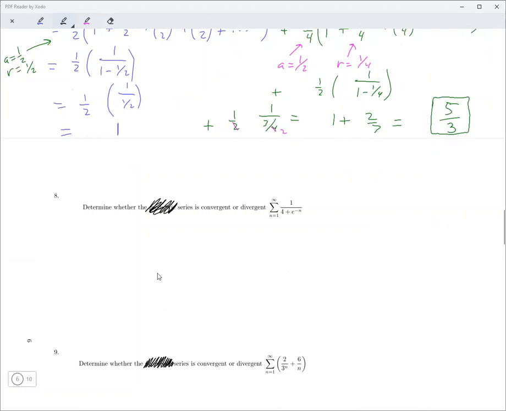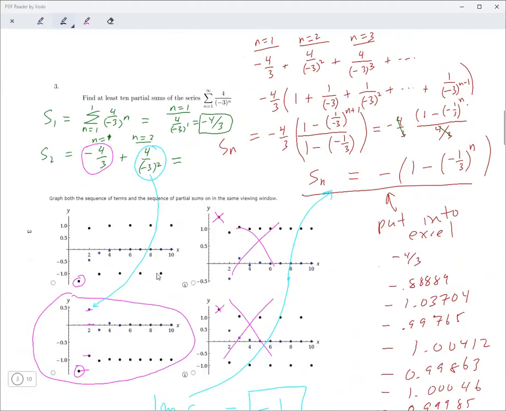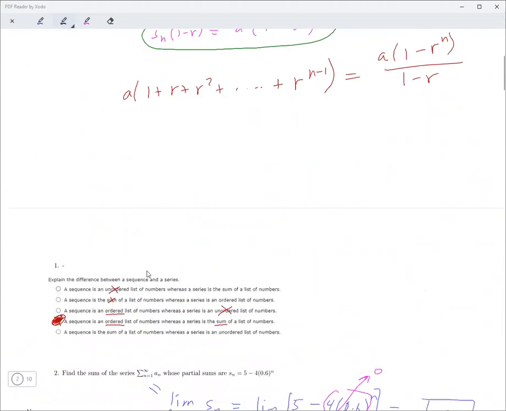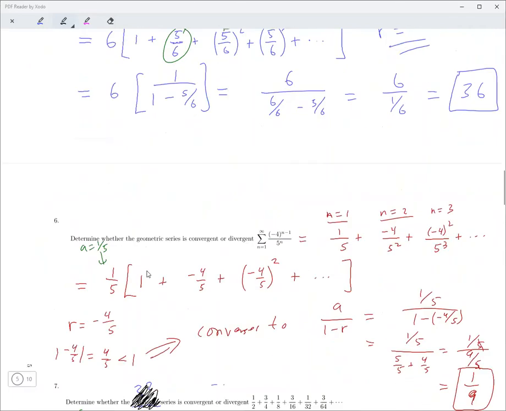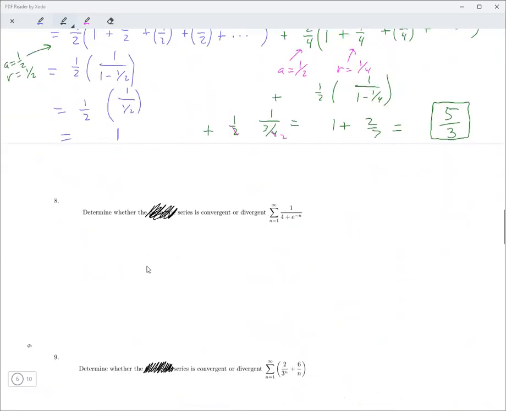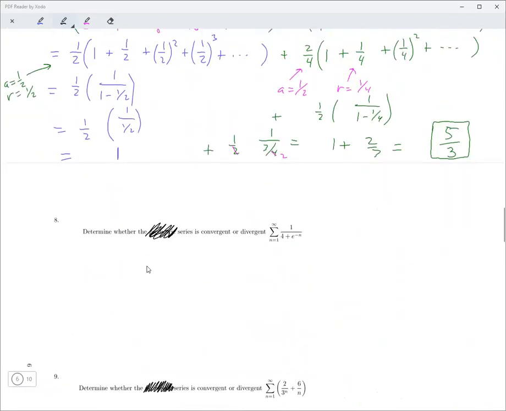Okay, so number 8. Determine whether the series is convergent or divergent. I need some more space to explain a few things. There's a couple of concepts that I need to go over here.